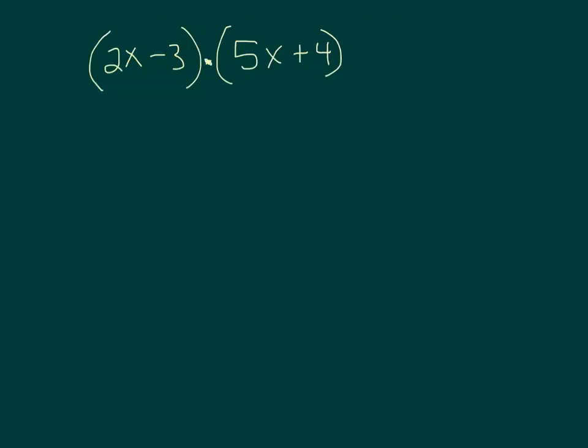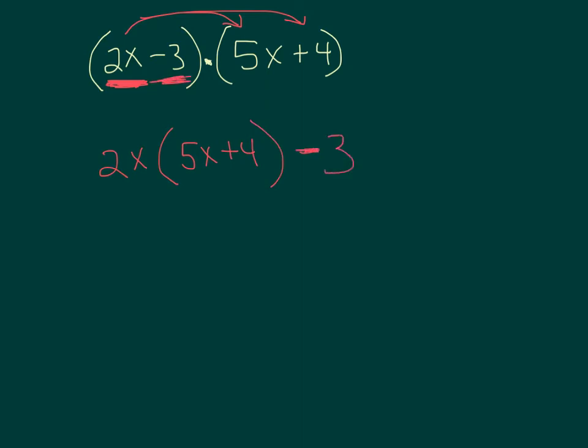So now let's try to multiply these two binomials together. 2x minus 3 times 5x plus 4. Okay, I'm going to do the middle step one more time. This multiplication is like saying 2x, which is going to be distributed to both the 5x plus 4, so 2x times 5x plus 4. And I'm going to distribute that negative 3 to the 5x plus 4.